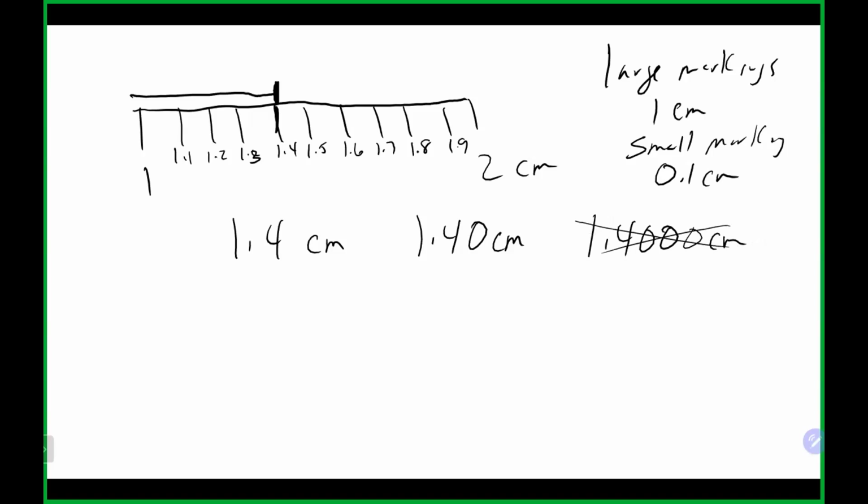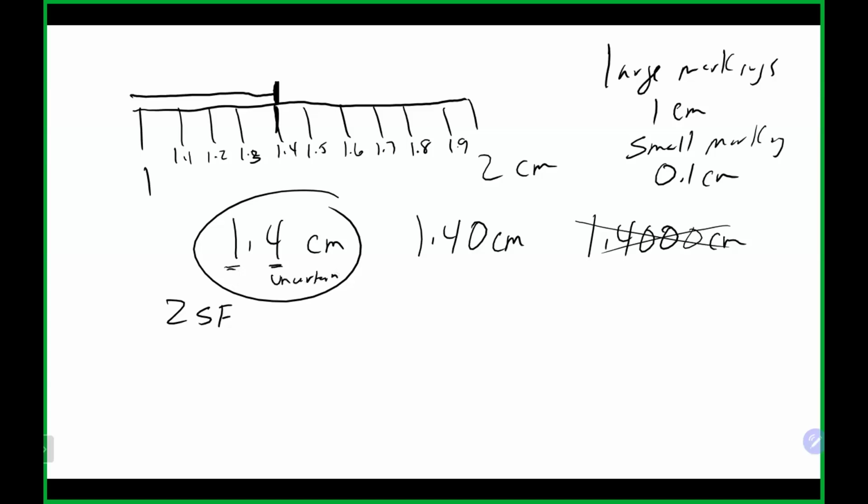When we look at the first way I wrote it, how many significant figures does that measurement have? It has 2 significant figures, right? The uncertain or estimated digit is which number? If it was 2 significant figures, that means I recorded all the certain ones plus the first uncertain one. In this case, the uncertain one would be the 4, because the 1 would be my certain number and the 4 would be my estimated digit.